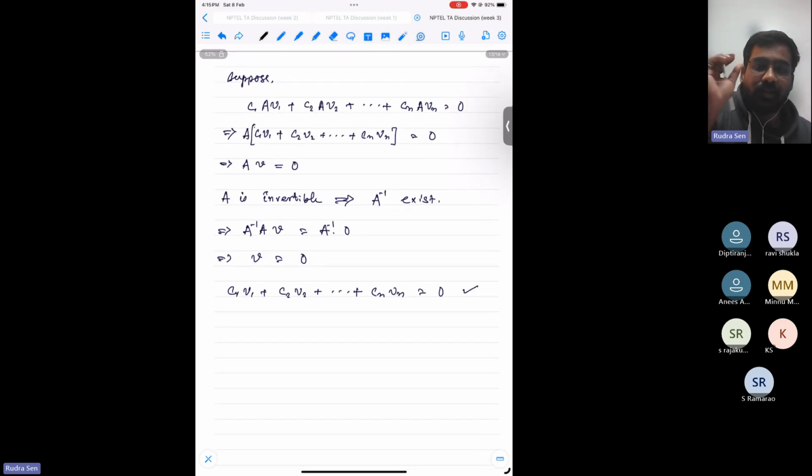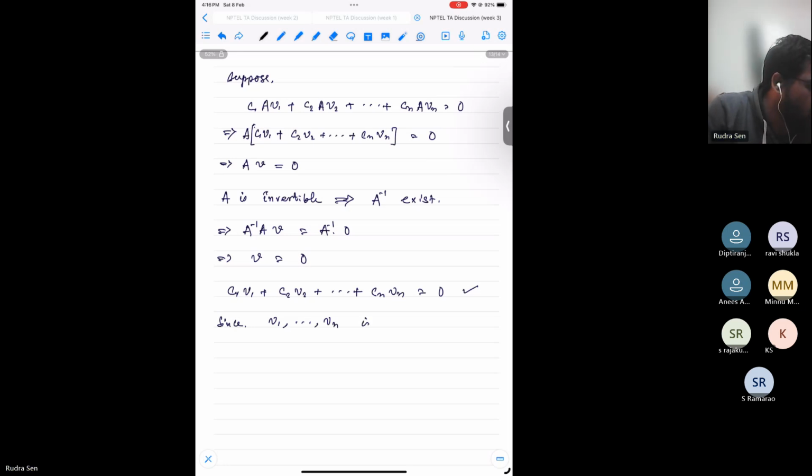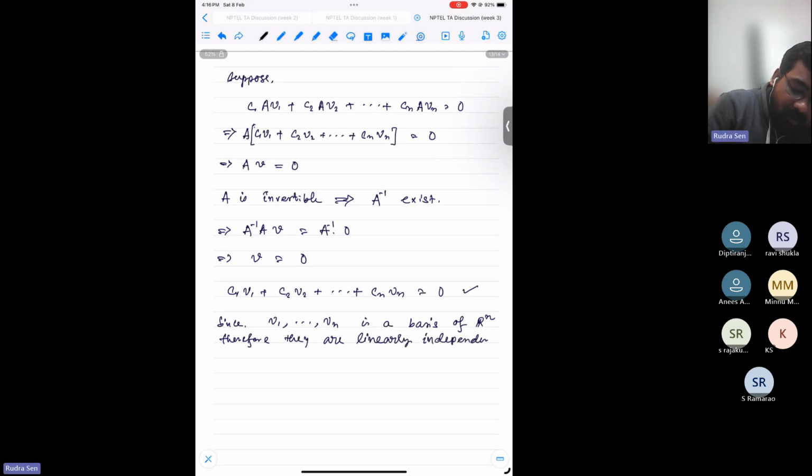Already the given statement is that V1 to Vn is a basis of Rn, and therefore they are linearly independent.